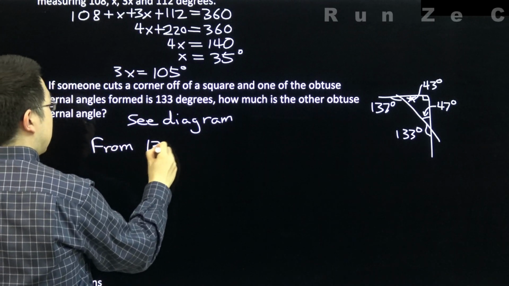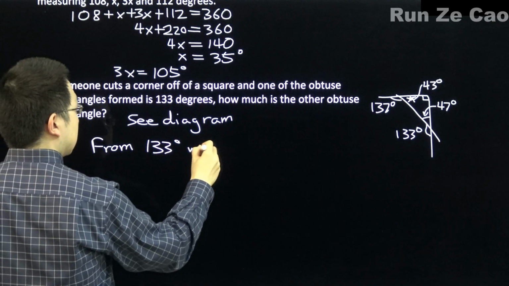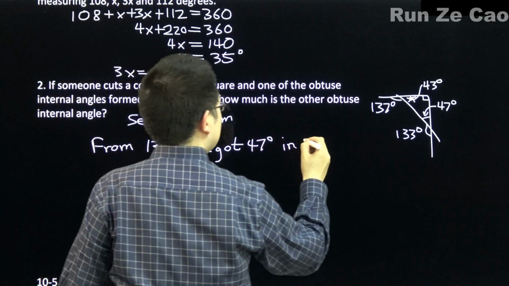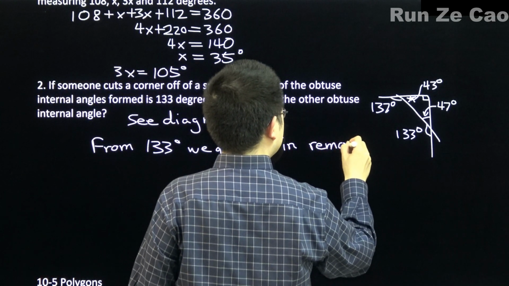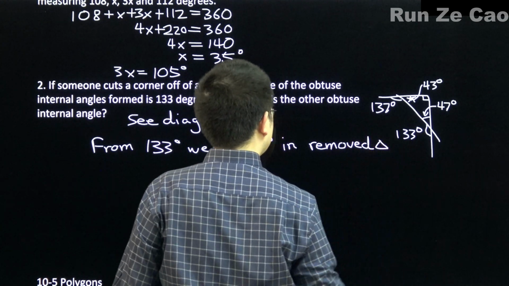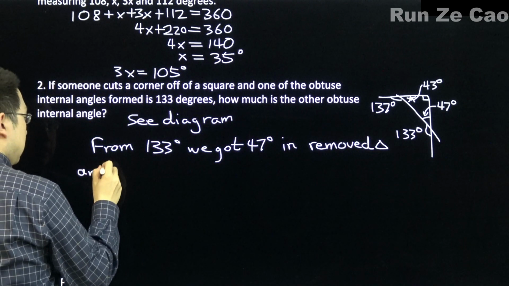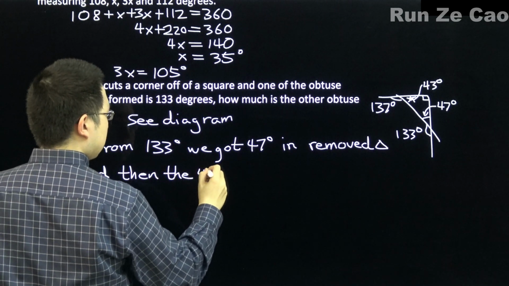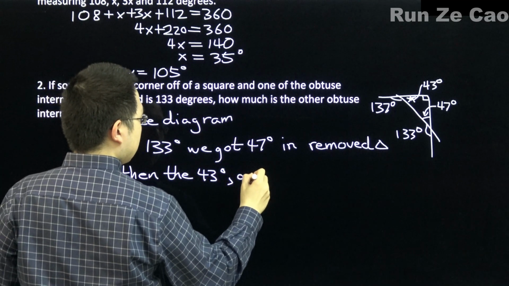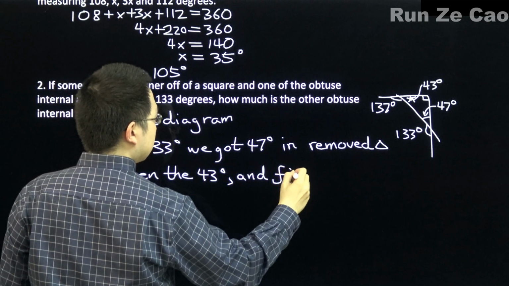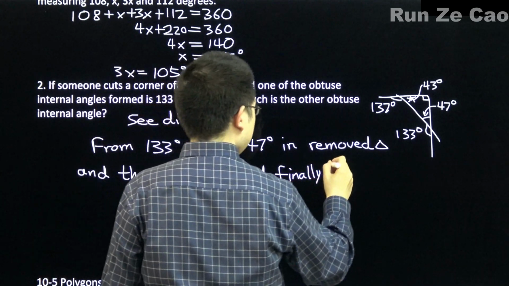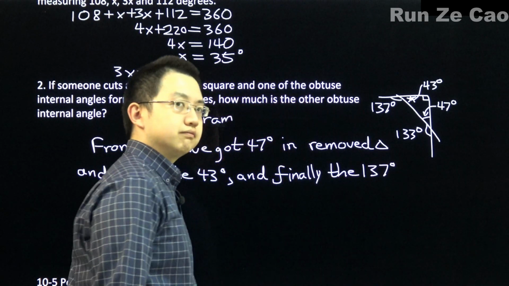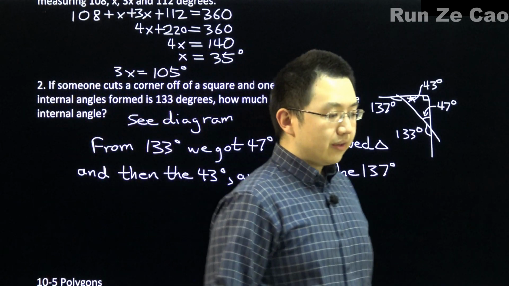From 133 degrees, we got 47 degrees in the removed triangle. And then the 43 degrees. And finally, the 137 degrees. Fun stuff.